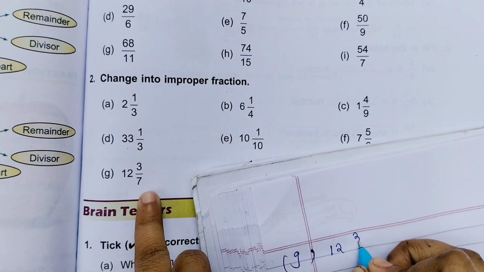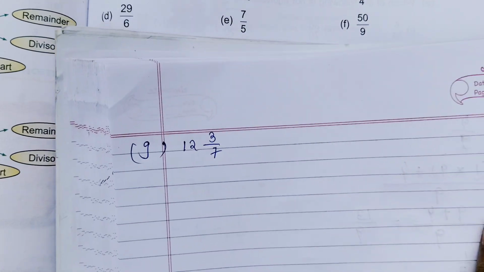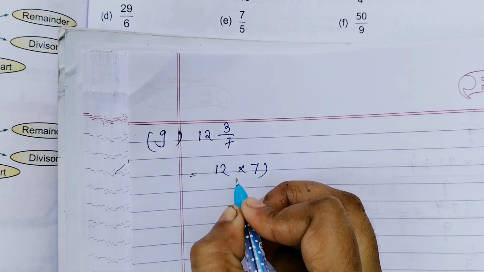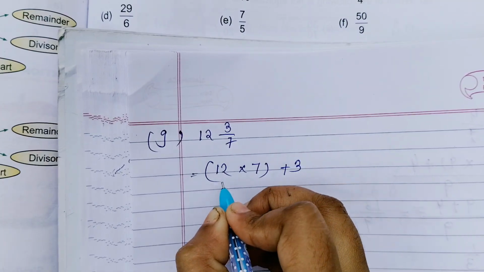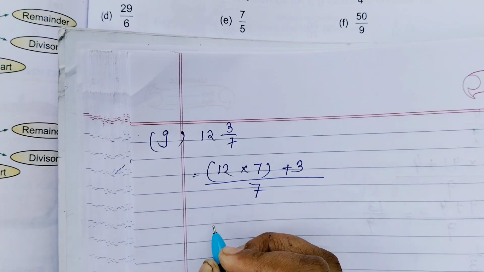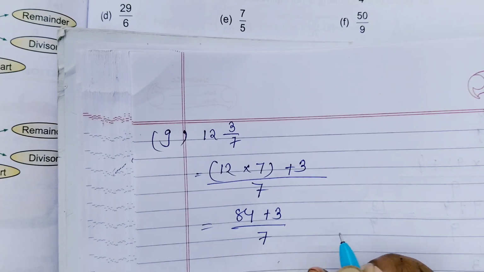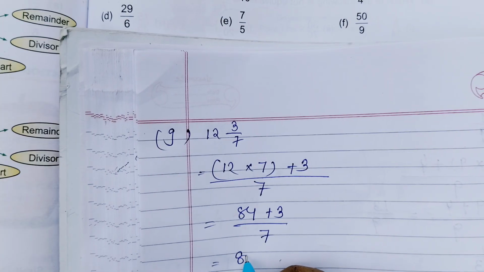Then next, G. 12 whole of 3 by 7. First write the natural number part is 12 into denominator 7 plus numerator 3 divided by denominator 7. 12 7s are 84 plus 3 by 7. 84 plus 3 equals 87 by 7.